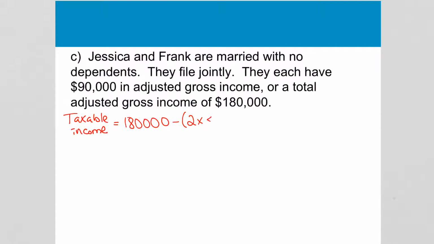So 2 times $4,050 and minus $12,700. So their taxable income is $159,200.